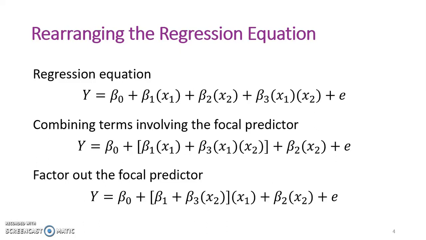We end up with this grouping of coefficients in the brackets, where we see in the bottom equation beta 1 plus beta 3 times x2, all multiplied by x1. This is essentially to show that the term in the brackets is everything relating x1 to y. And because x2 is in the brackets, we can see that the relation of x1 to y depends upon levels of x2.